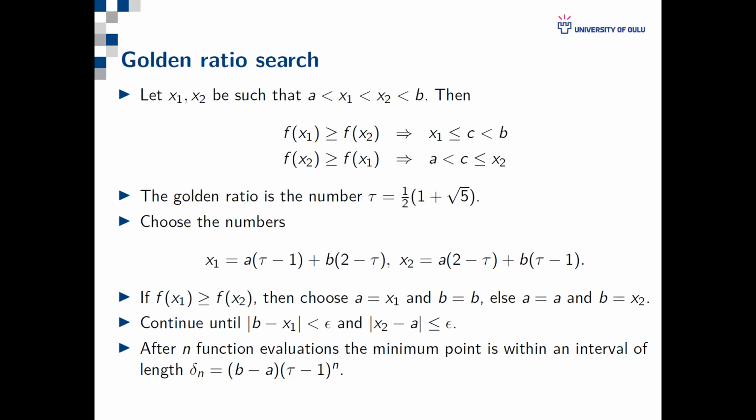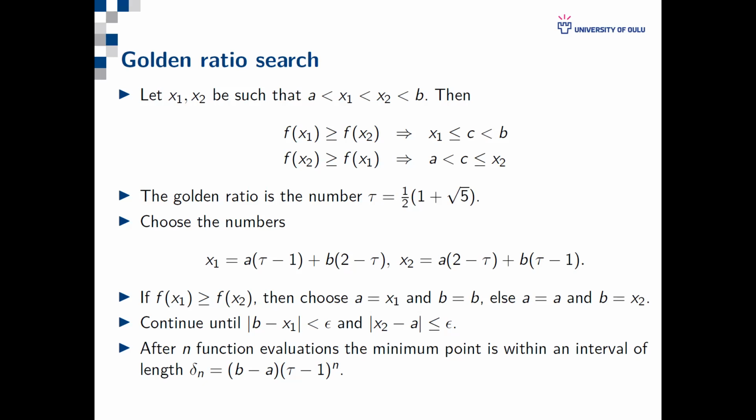And if this value fx2 is bigger than fx1, then the minimum point is between a and x2. So I'm minimizing the length of the uncertainty where the minimum point will be.